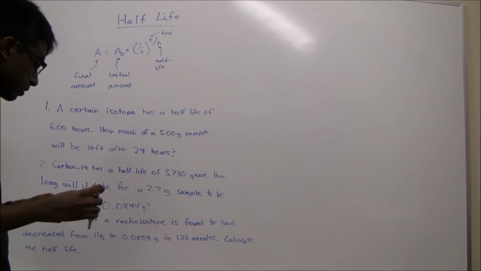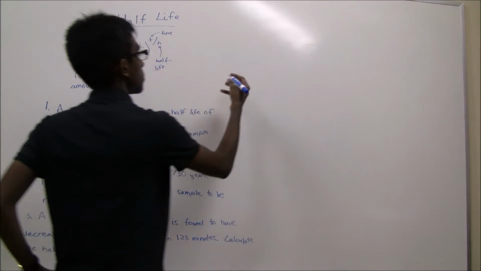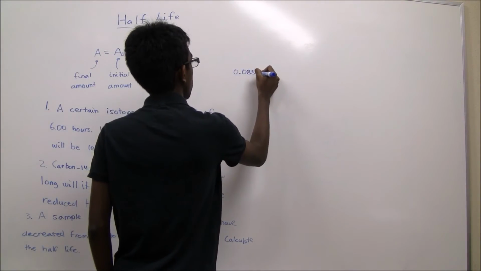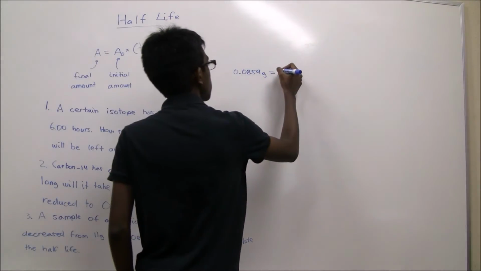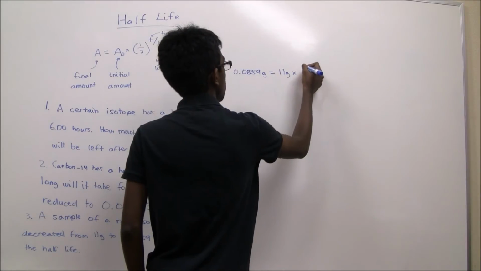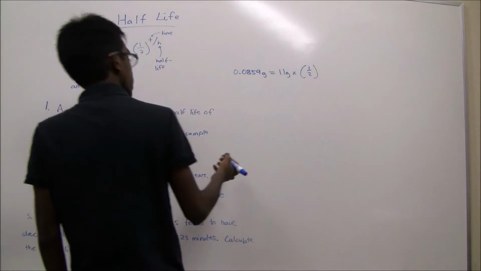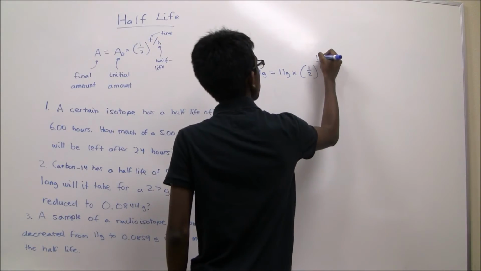Calculate the half-life. So our final amount is 0.0859 grams. Our initial amount is 11 grams. We're looking for the half-life. And our time is 1.23 minutes.